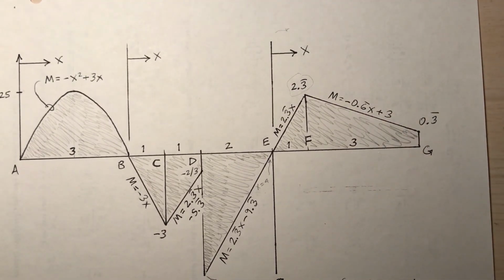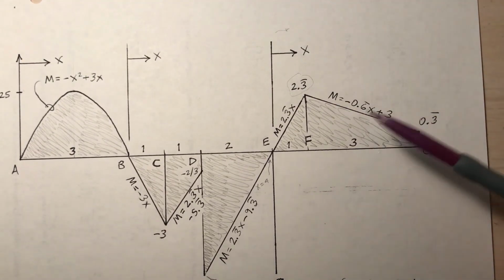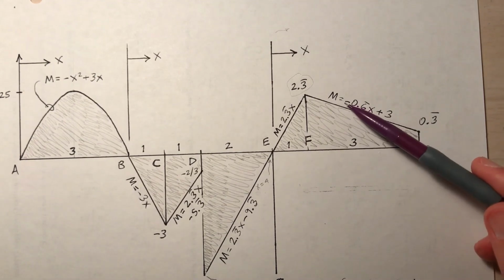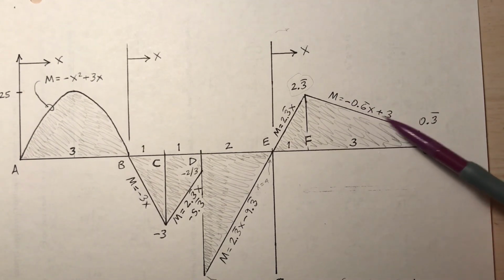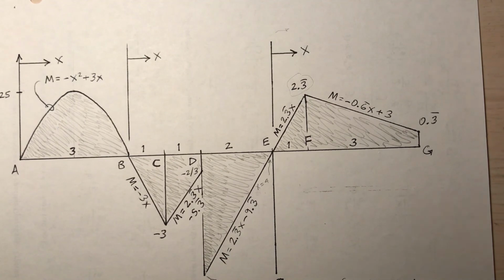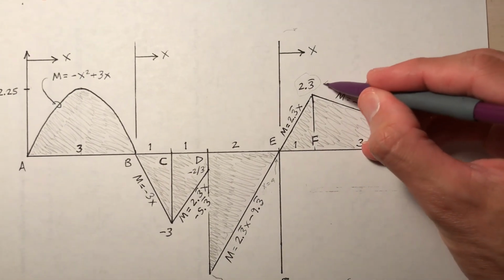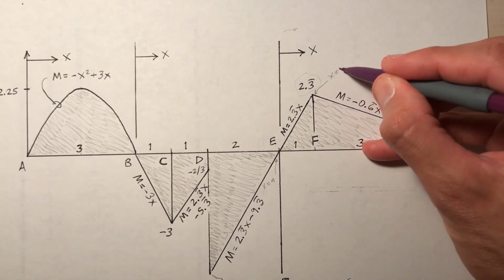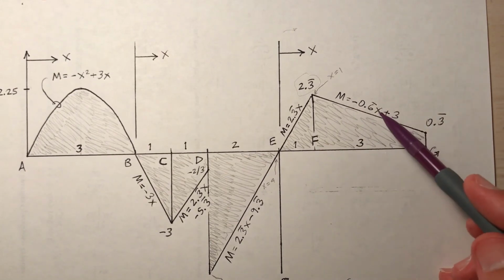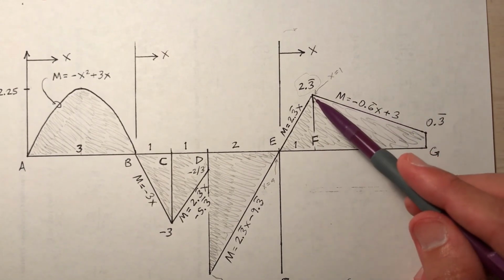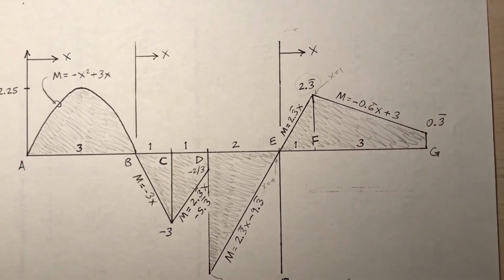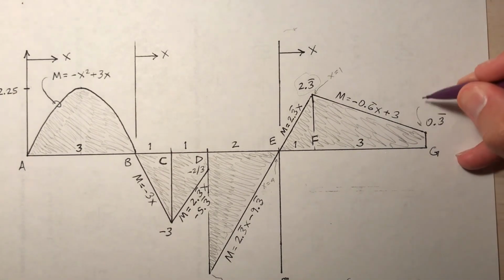How's that? And then at point F, this new equation kicks in, negative 2/3 x plus 3. So at this location, x is equal to 1, measured from point E. Stick a 1 in there and verify that you do get 2 1/3. And then over here, x is equal to, what is that, 4?